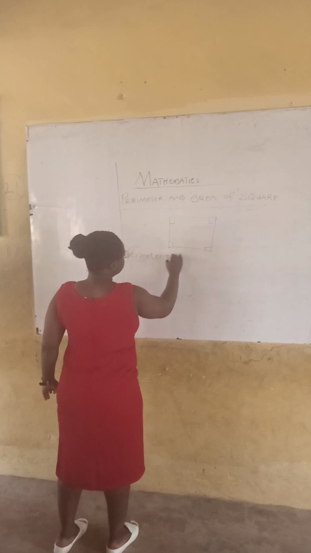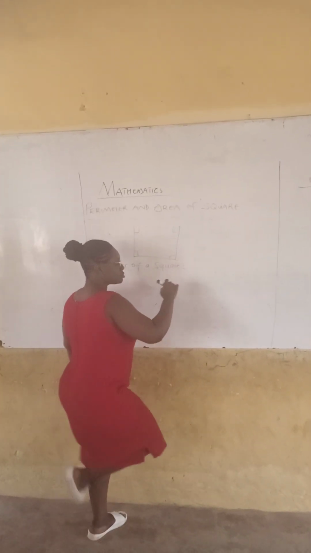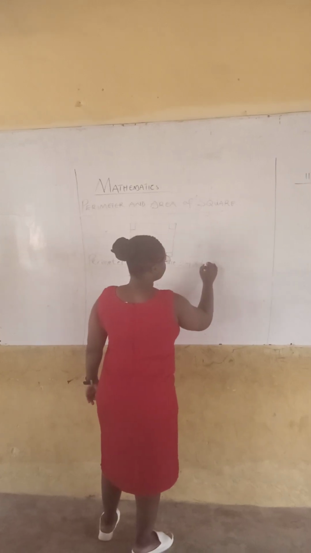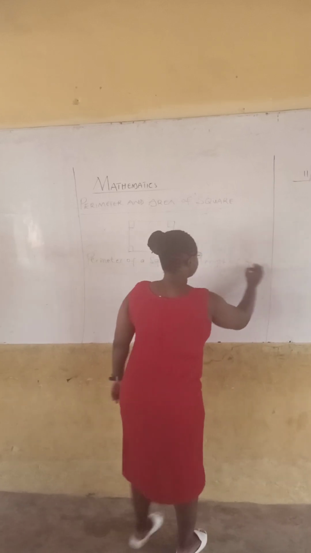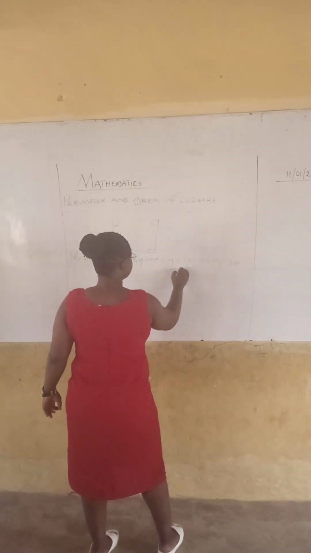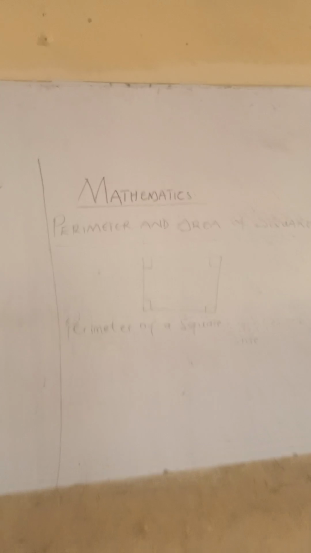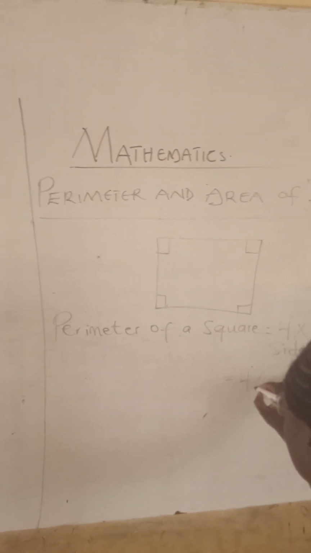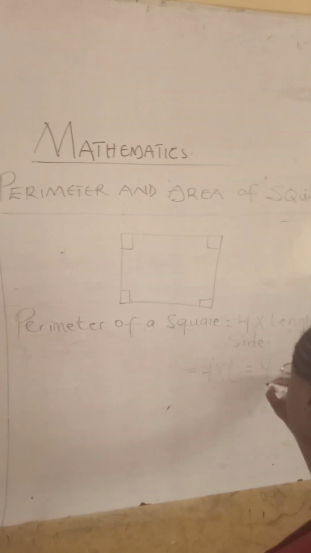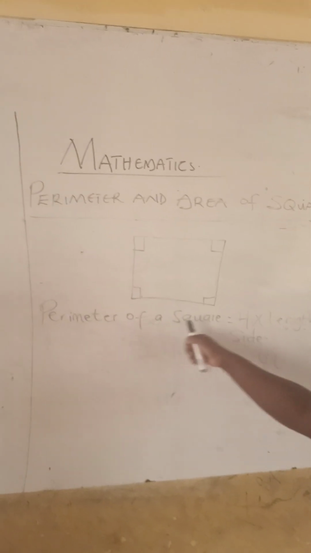Perimeter of a square is equal to 4 times the length of one side, which is 4 times L, or 4L. That is the perimeter of a square.